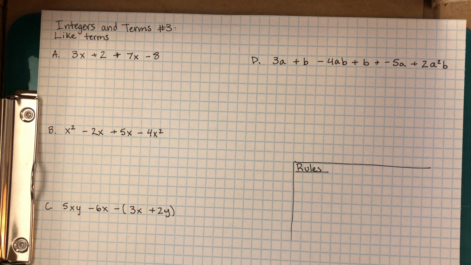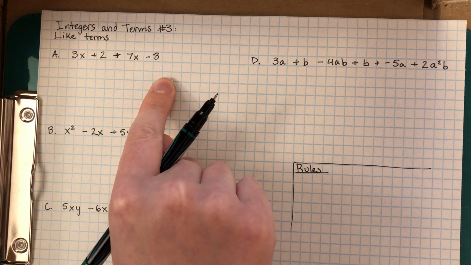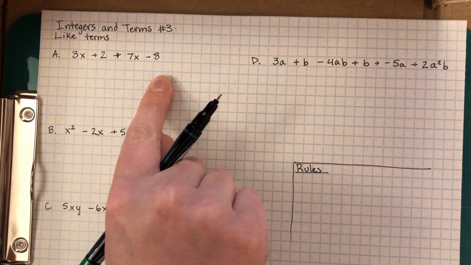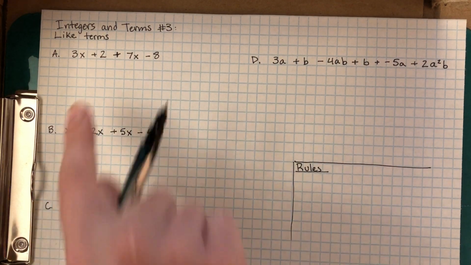Equivalent means that for any choice of whatever numerical value x might have, the result of doing this expression should be the same as the result of our final expression.